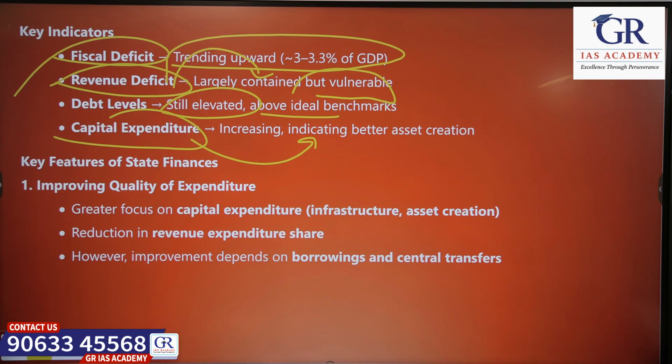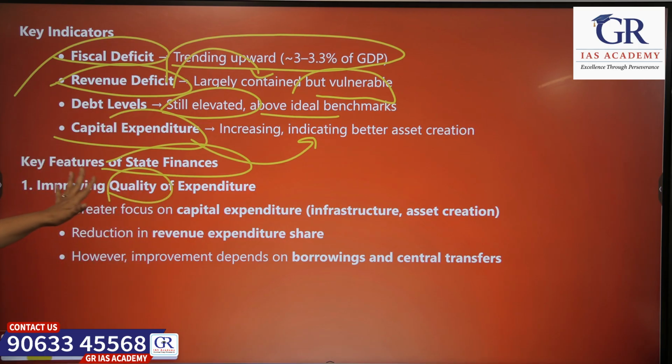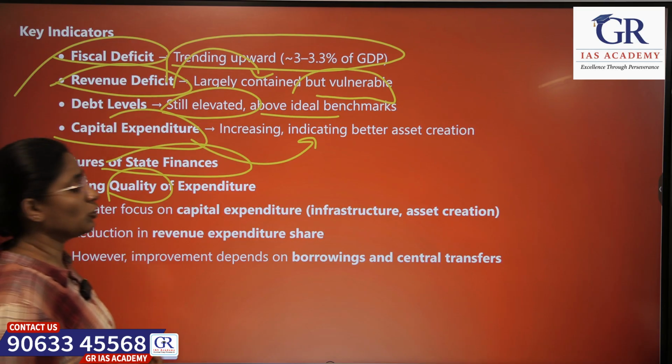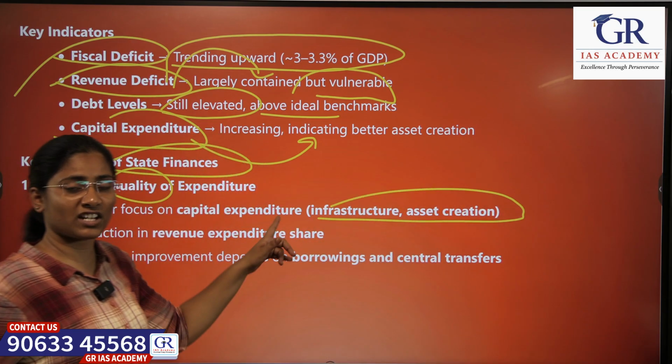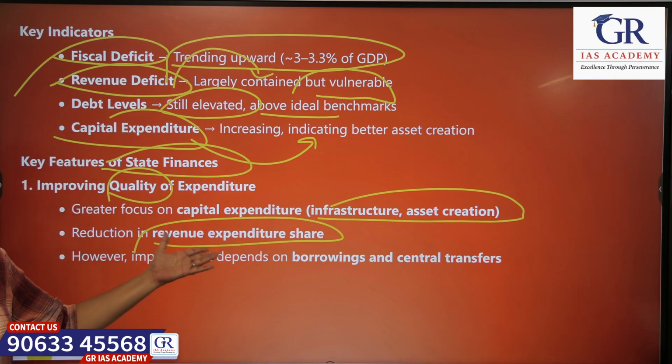What are the important features of state finances? We want to improve the quality on which we are spending our expenses. We are focusing more on infrastructure and asset creation. We are reducing revenue expenditure.